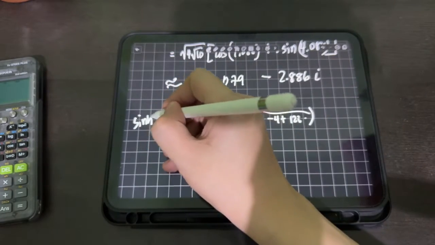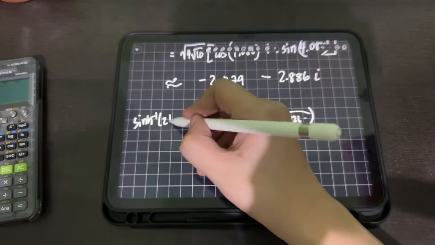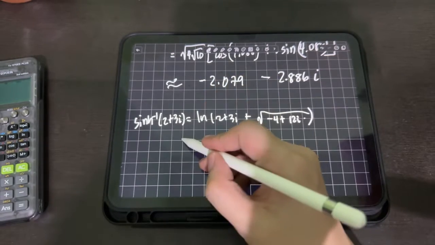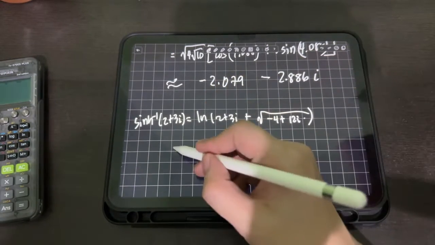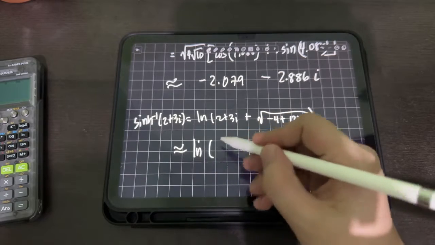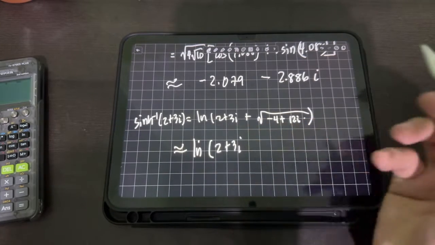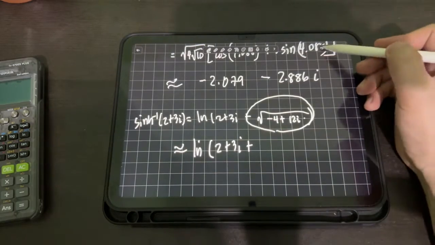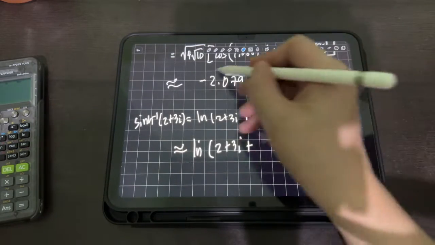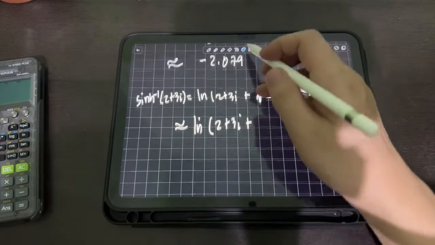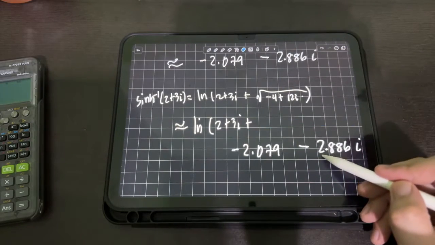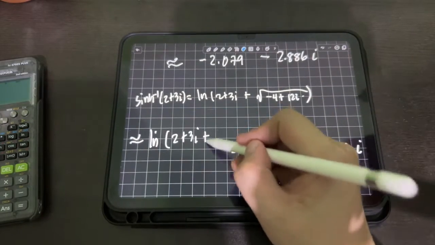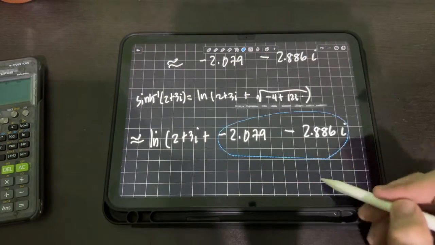So arcsinh of 2 plus 3i is now approximately equal to ln of 2 plus 3i plus this square root when k is 1. This is the approximate value. You can just copy.